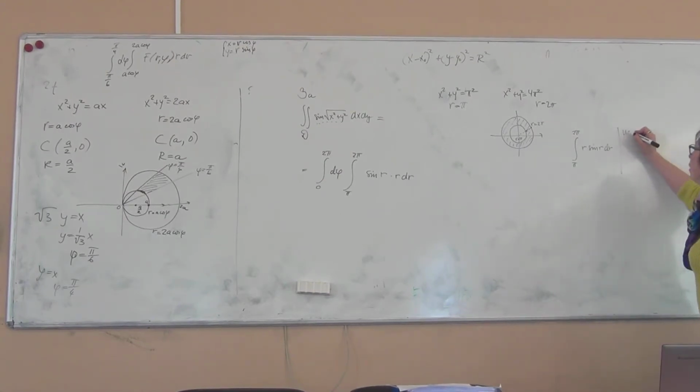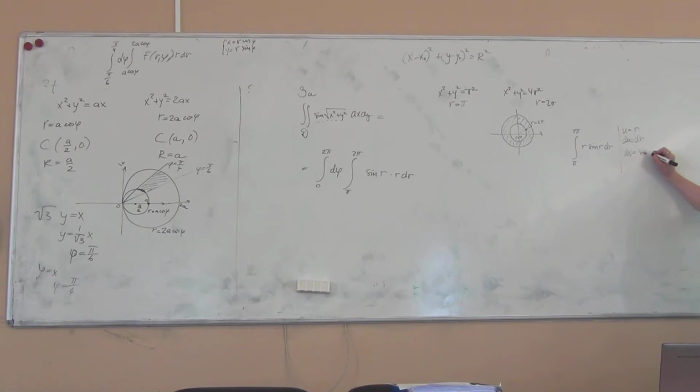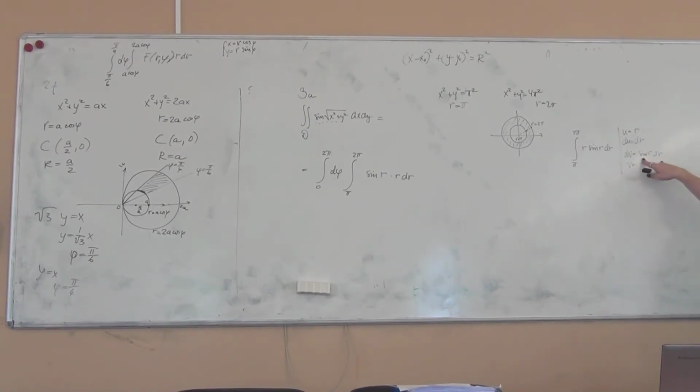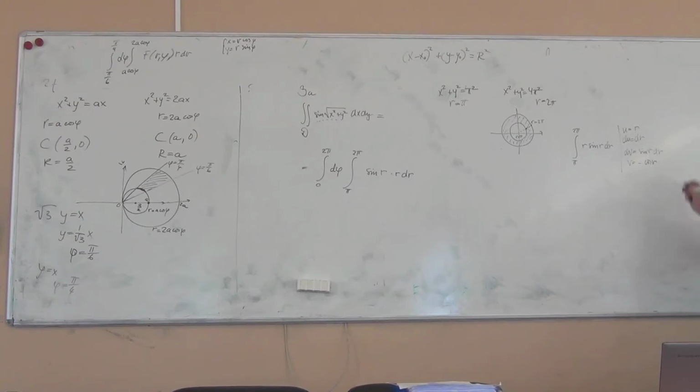Okay, so the u function is r and du is dr, and dv is sine r dr, which means the v function is the integral of this. When we integrate sine, we get minus cosine r.